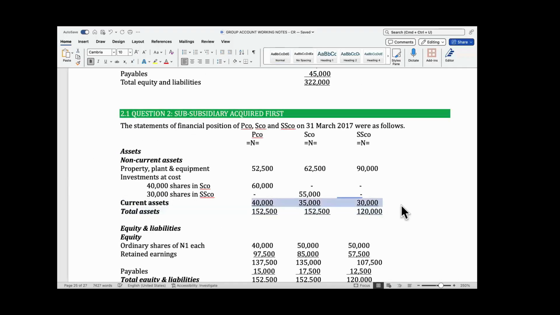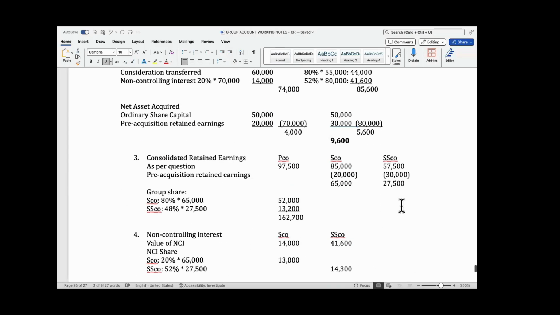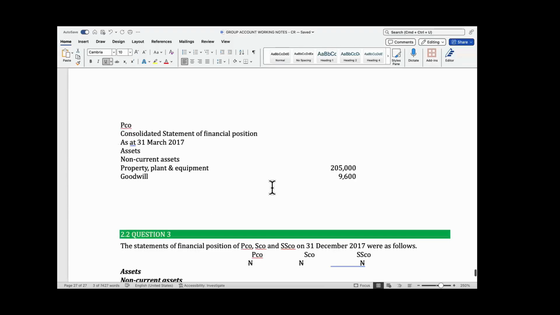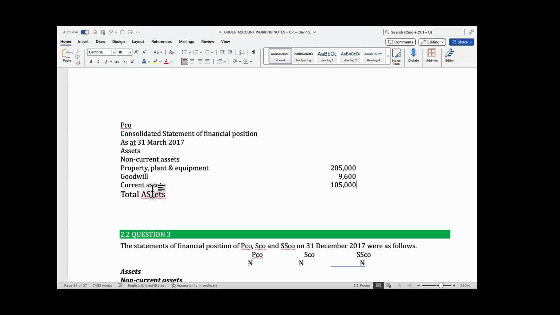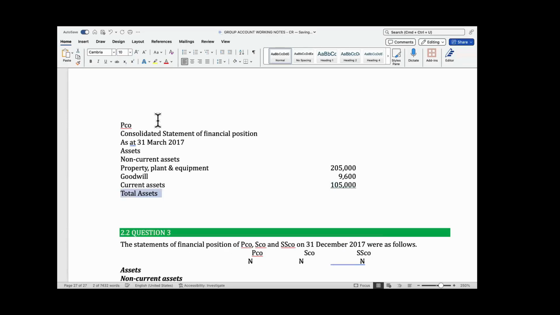What's the addition of these three? 105,000. And what's my total assets? How much? 319,600.